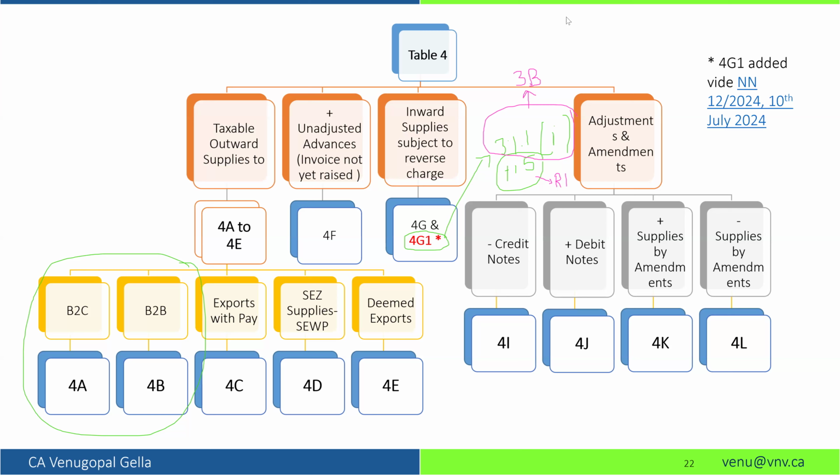Actually there was a problem when, for the first time, the liability for hotels shifted to the e-commerce operators. At that time we did not have this table number 14, so they asked us to put it in table 1 itself. But now there is a separate table 14.